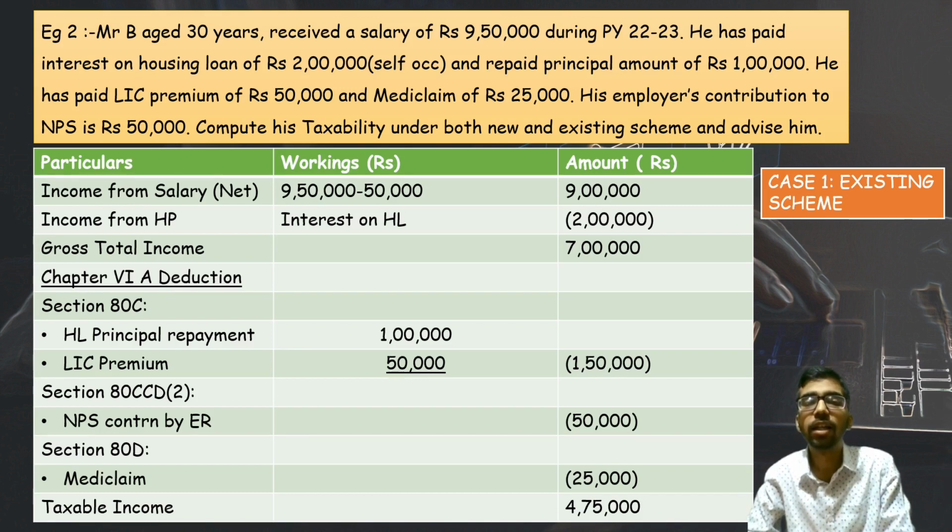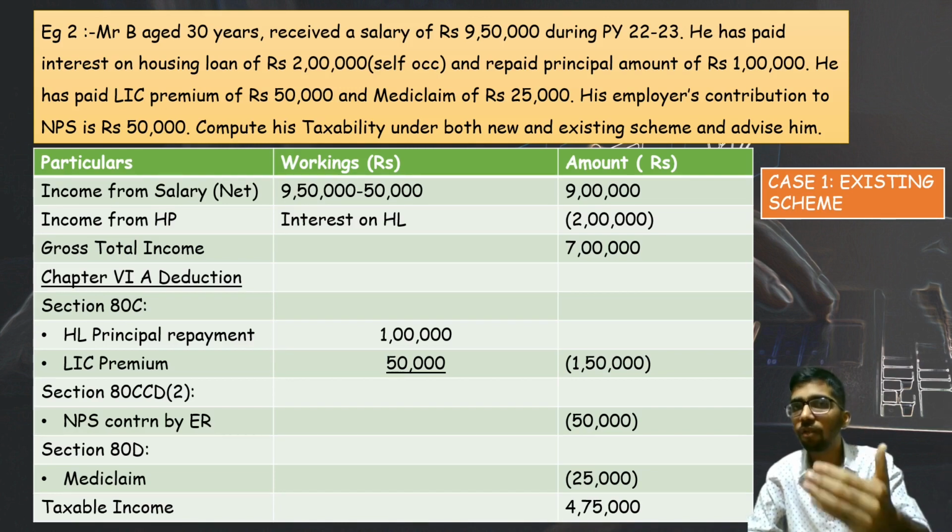Understood, no? Chapter 6A deductions, because we are looking at the existing scheme. Under Section 80C, the housing loan repayment is 1 lakh and the LIC premium is 50,000, so 1 lakh 50,000 is the benefit he is going to receive.